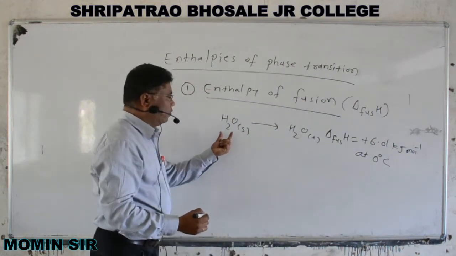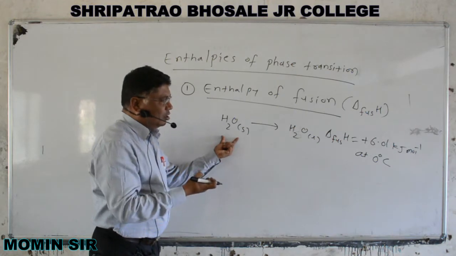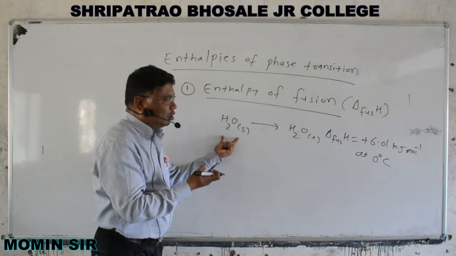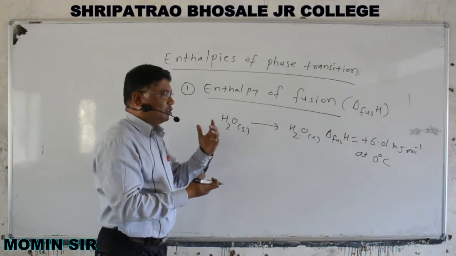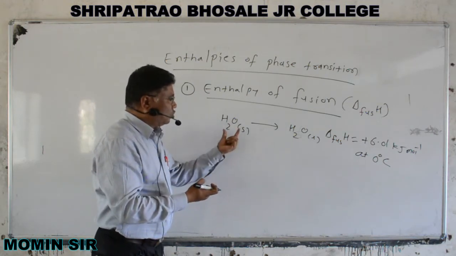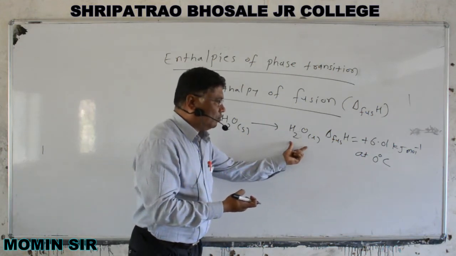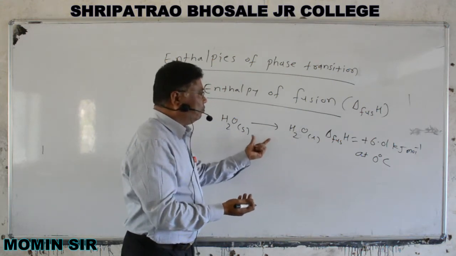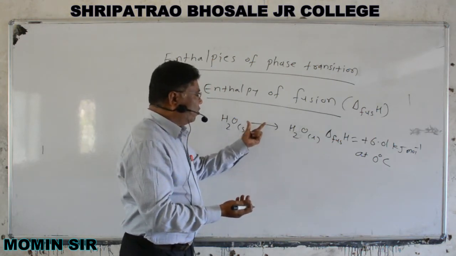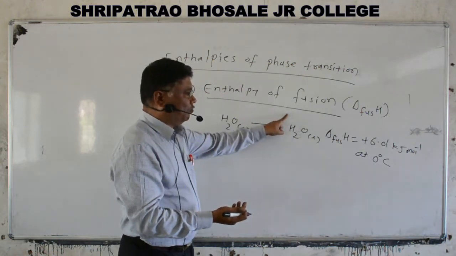So 1 mole of solid after gaining 6.01 kilojoule of heat, in thermodynamics called enthalpy, 1 mole of solid ice is converted into 1 mole of liquid water. So the change in enthalpy taking place for melting 1 mole of solid ice is called enthalpy of fusion.